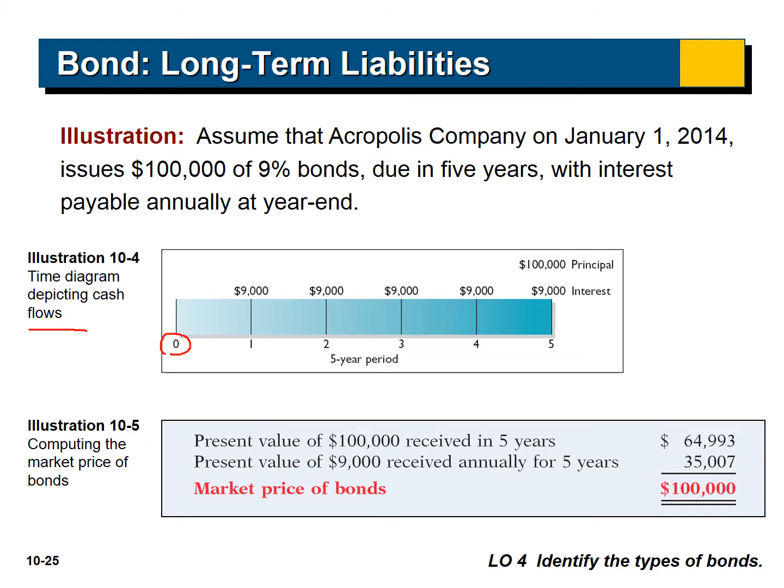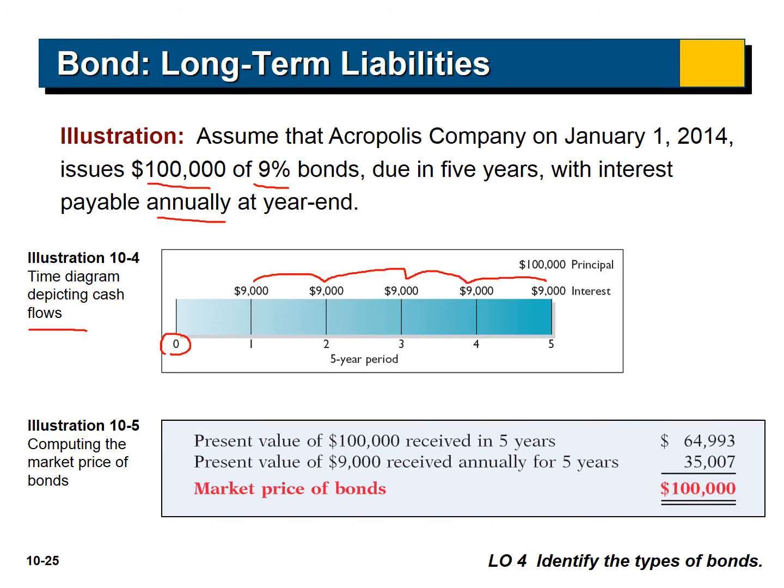Well, how is the interest determined? Remember, we take the face value, $100,000, times the stated rate, 9%, times 1 because it's an annual payment. That's where the $9,000 came from, and it's due at the end of every year.